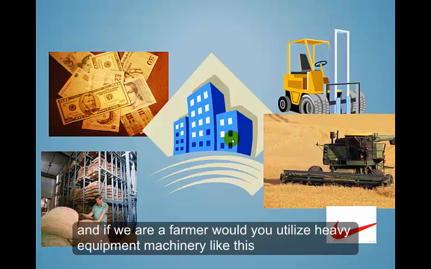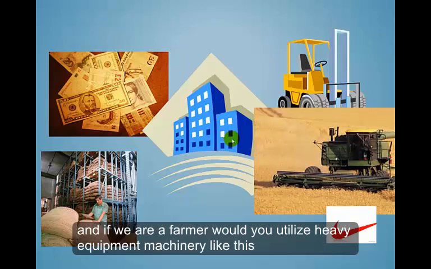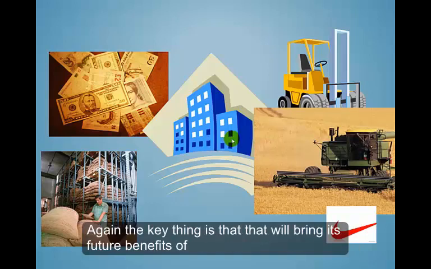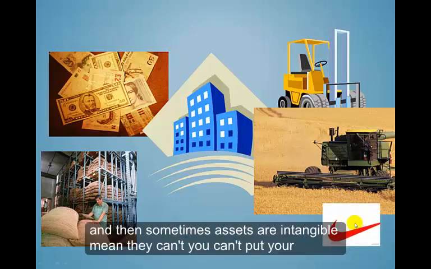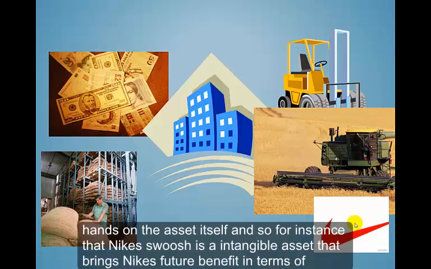If we are a farmer, we could utilize heavy equipment, machinery like this. Again, the key thing is that it will bring us future benefit to our business. And then sometimes assets aren't as tangible, meaning you can't put your hands on the asset itself.